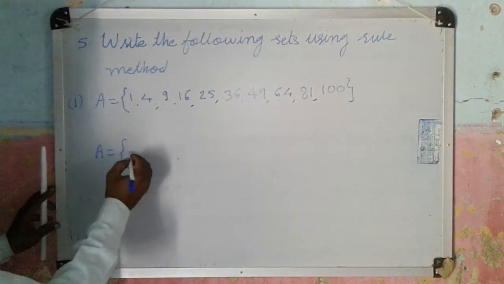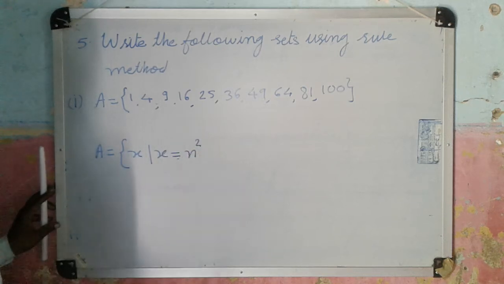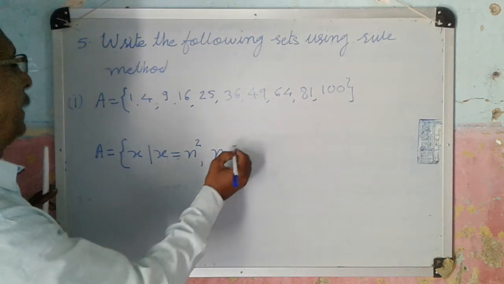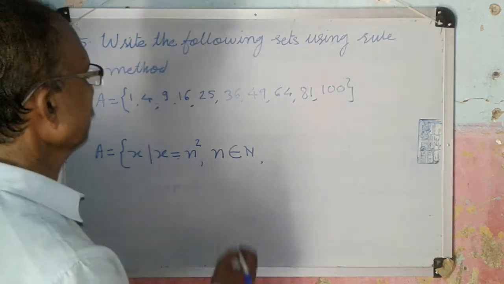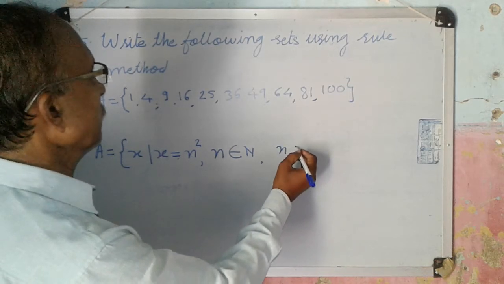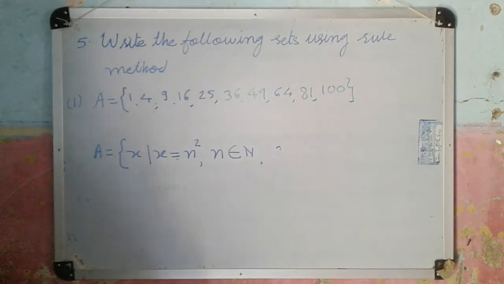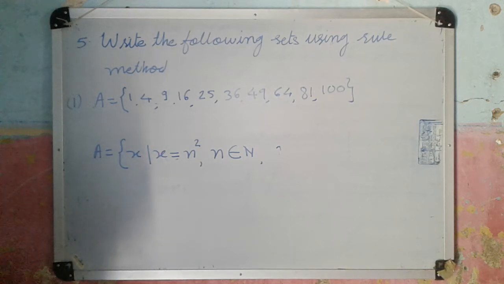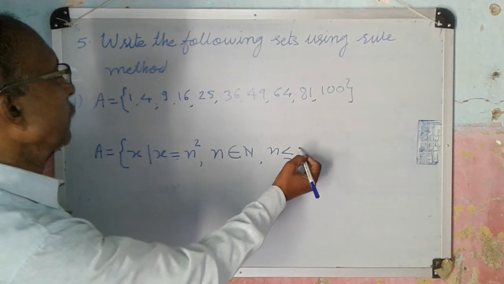A is the set of all x such that x is equal to n squared, n is a natural number and n is less than or equal to 10.